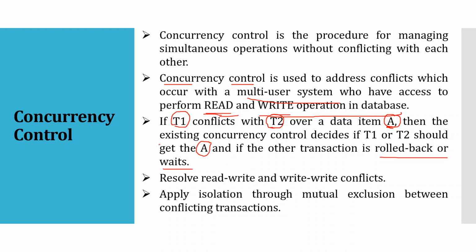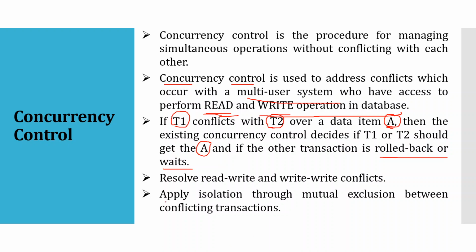That means it will apply isolation. It will separate both the transactions by asking one of the transactions to perform the operations and the other transaction to wait. That is what isolation is. We are deferring both of them. One will execute and one will wait or roll back.